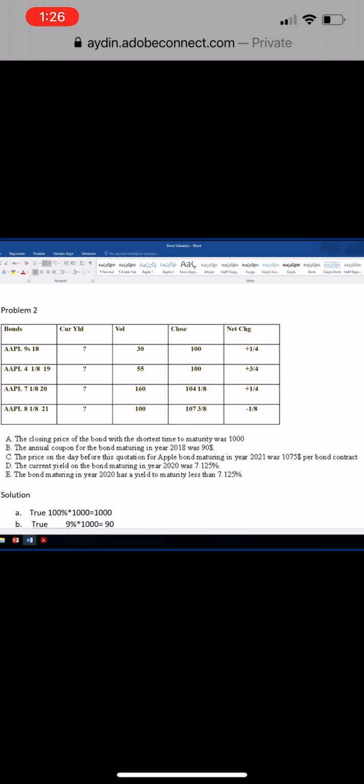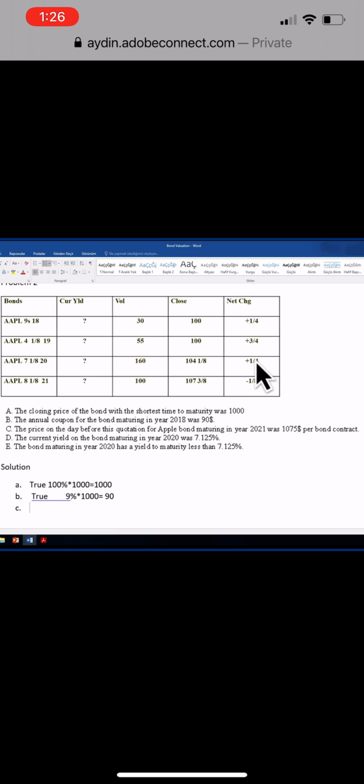Don't be afraid to just write, students. It's okay to make mistakes. Habib says it's close and net change. Abdullah says it's close. Both are correct, absolutely correct. Because in order to estimate yesterday's price, the day before, we need today's price and the net change.